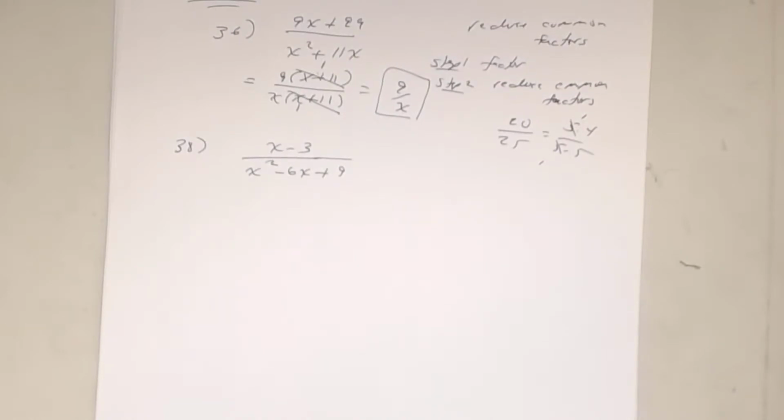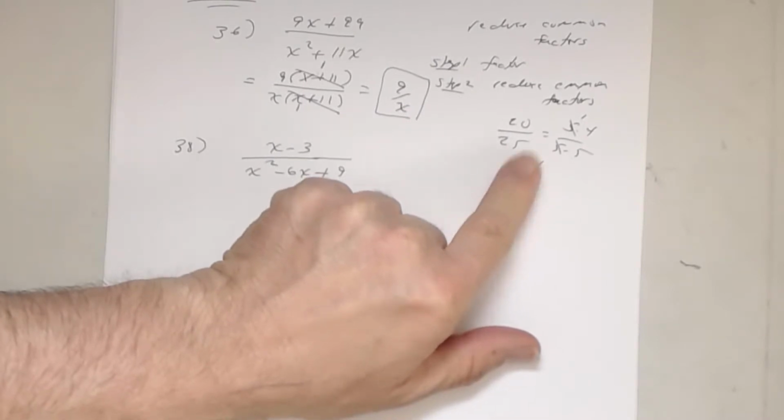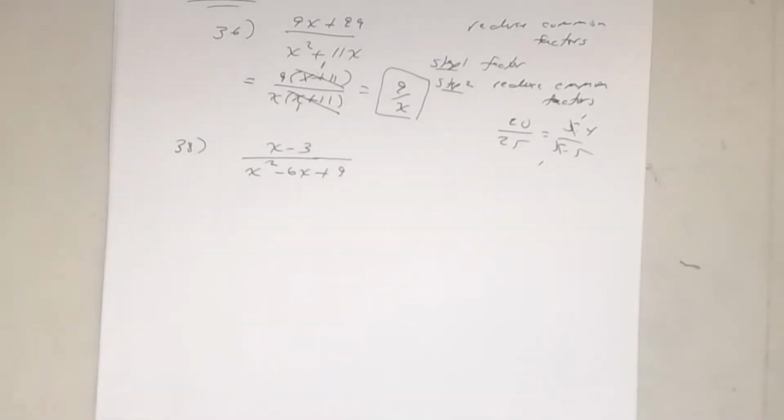What kind of expression is this? Rational. What does the direction say? Simplify. To simplify a rational expression, remember how you simplified rational numbers, fractions. You look for common factors. So the first thing you do is factor. How do you factor the numerator?